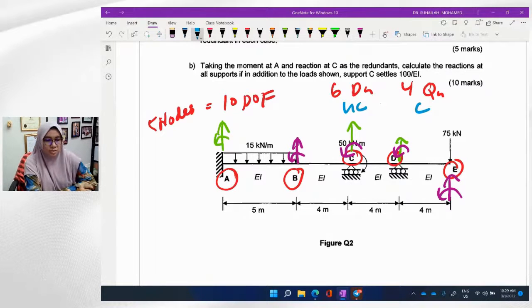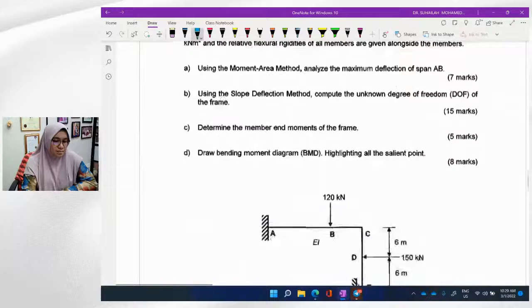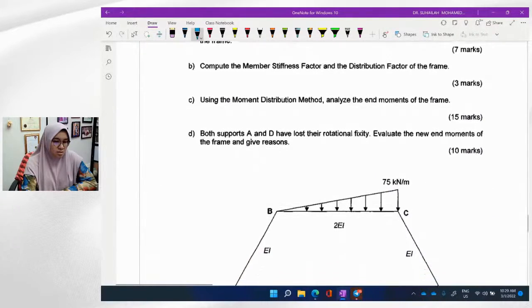So for this question, we can analyze using the stiffness method. We can get the equation, but we cannot solve the equation because there are 6 unknown displacements. So we move to another question.